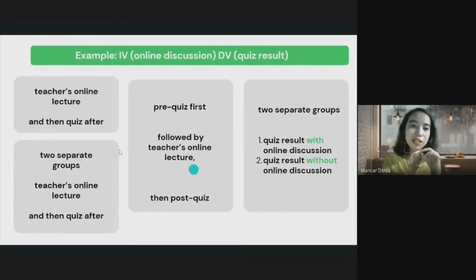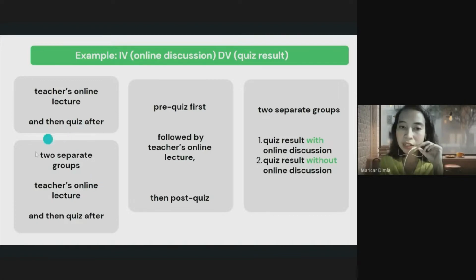Let's have an example here. So our IV and DV are the teacher's online lecture and the quiz after. So it's simply drawing the relationship, the effectivity of the teacher's discussion online and then the quiz after.